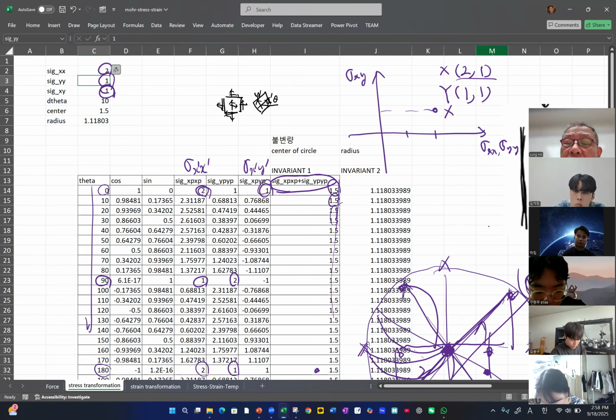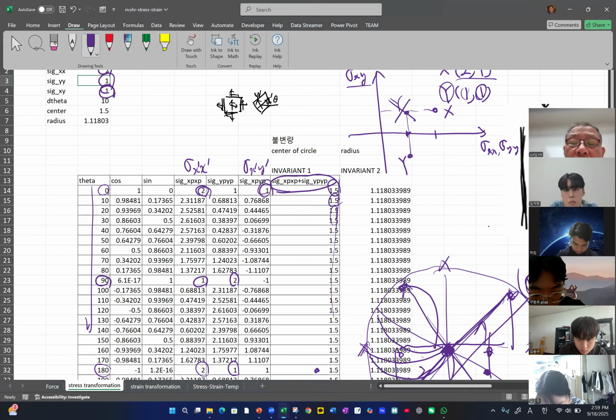Now here, one thing to be careful about: 1 comma 1 is here, right? This would be the y in the regular way of plotting. But here, one exception is that when we plot the y, this is a plus, then we go in just the opposite direction. Only for sigma xy, the opposite direction. So this will be the y, this is not the y. That's the only exception.